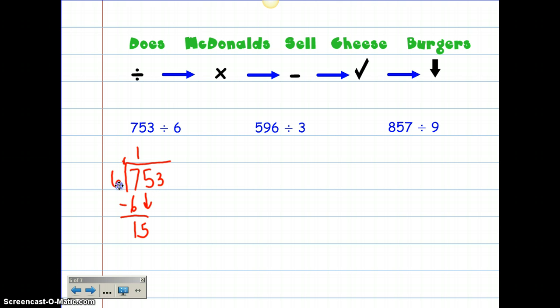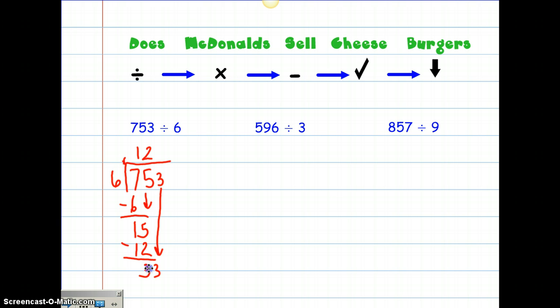So, how many times does 6 go into 15? Well, that would be 2 times. 6 times 2 is 12. Then I subtract. 5 minus 2 is 3. 1 minus 1 is 0. And then I bring down. So, I bring it down.